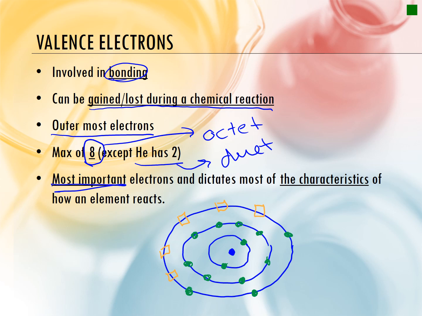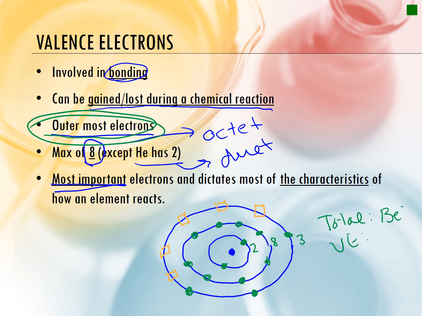So if I were to ask you about this particular element, I would say, hey, how many total electrons do you have? So when you add them up, you had 2 from the initial, you had 8 from this guy, and you had 3 from the outermost. So that would give you a total of 13 electrons. Now, if I were to ask you your valence electrons, and you look at the characteristic of what a valence electron is, they're the outermost electrons.